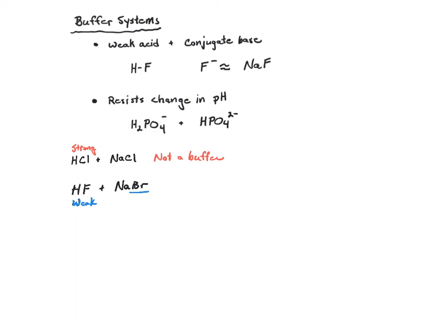So again, this is not a buffer. But if we had something like ammonium, which is a weak acid, and we have that combined with ammonia, okay, then we do have a buffer.